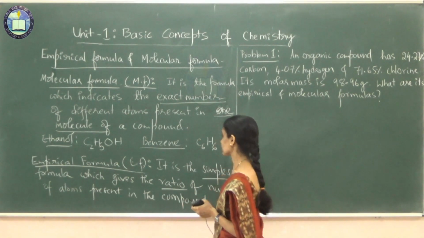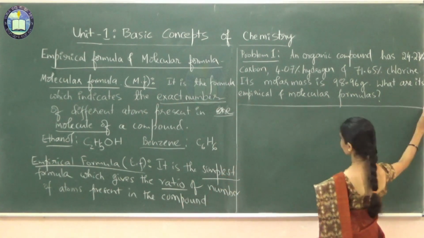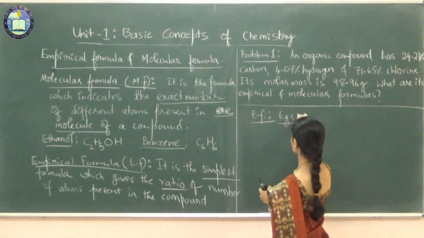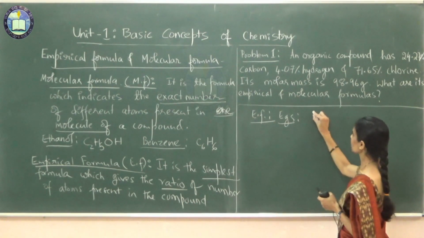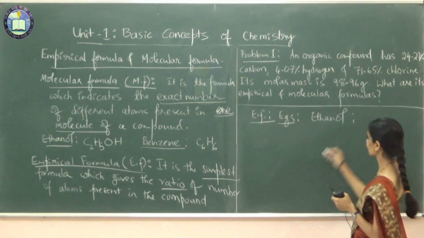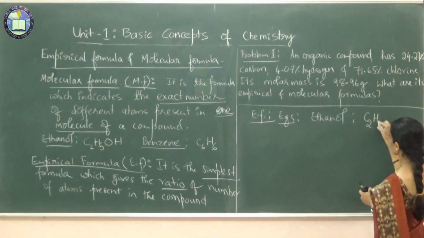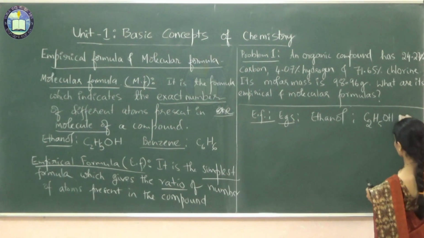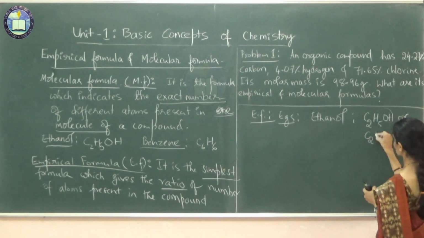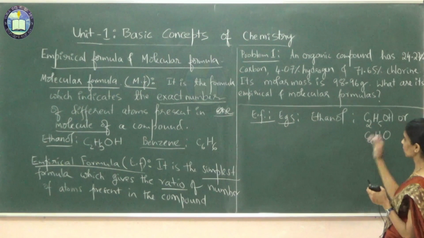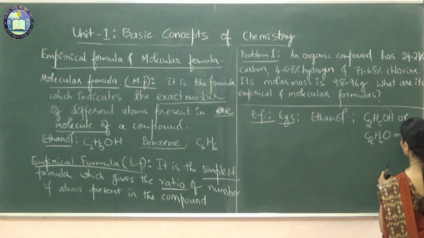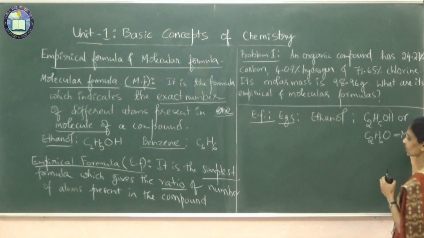What are the examples? Empirical formula of ethanol is C2H5OH, or I can write it as C2H6O. They are one and the same. This is nothing but the molecular formula of ethanol.